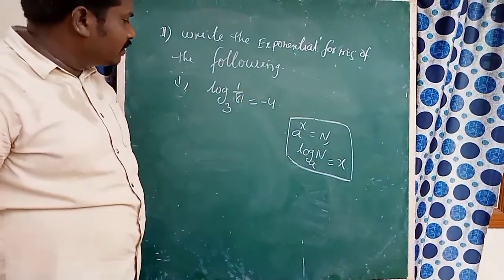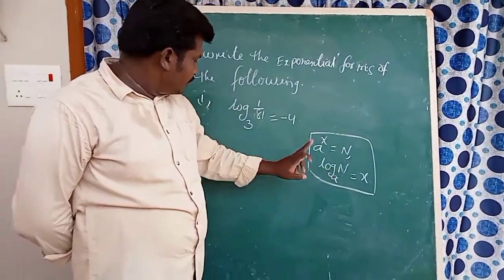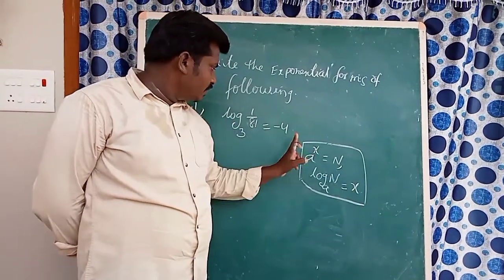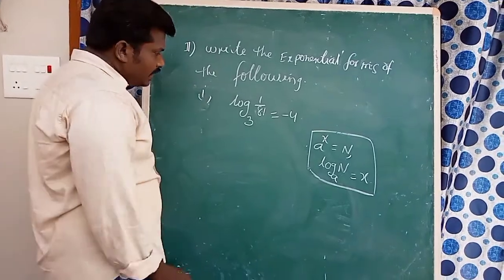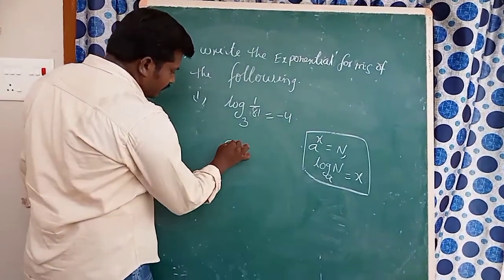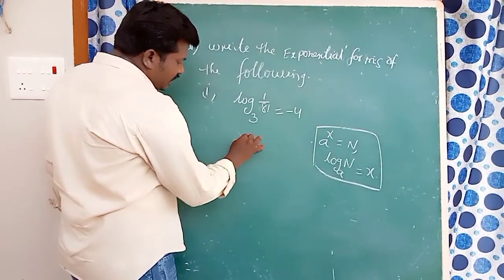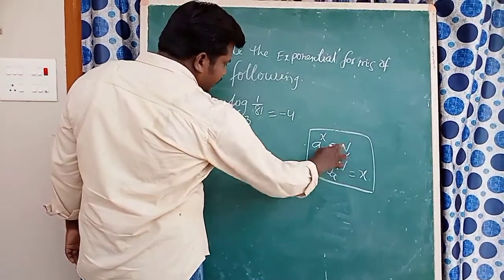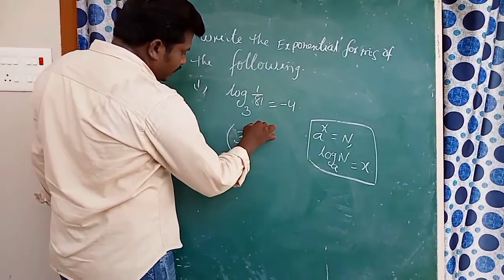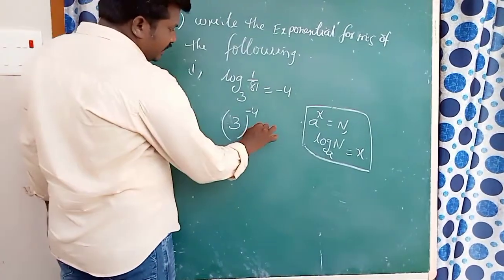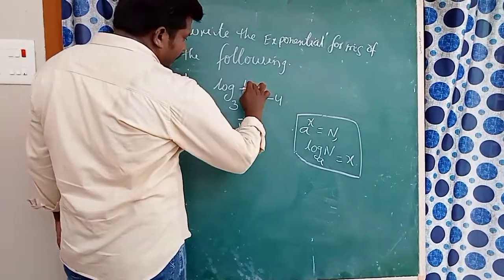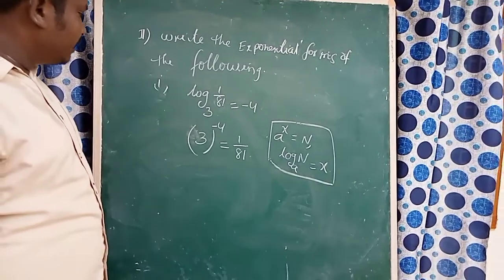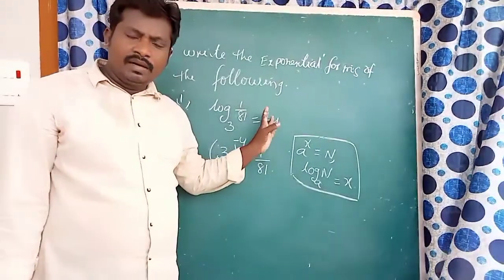First of all, identify the values: a is 3, n is 1 by 81 and x is -4. Now the a value is 3 and the x value is -4, so 3 whole power -4 is equal to the n value, 1 by 81. That's all. That is the equivalent exponential form of the given logarithmic form.